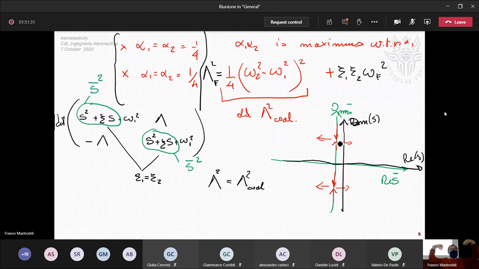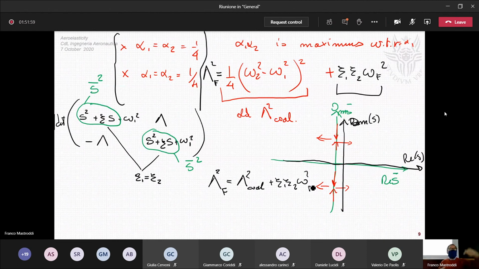If you increase lambda after lambda coalescence, you have lambda flutter, which is after, and after means add this term here, the famous small term. So you have lambda flutter equal to lambda coalescence plus zeta 1, zeta 2, omega squared flutter.